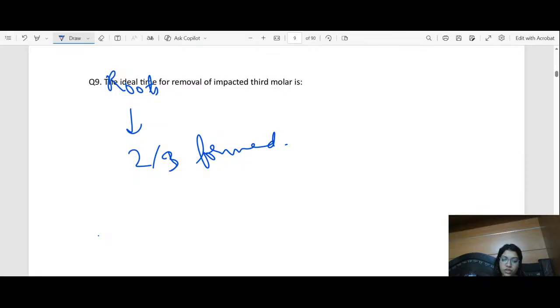If it is removed too early, no root is formed. The extraction process is difficult because the tooth tends to roll around in the bony crypt. And if the roots are completely formed, the tooth is anchored firmly into the place.